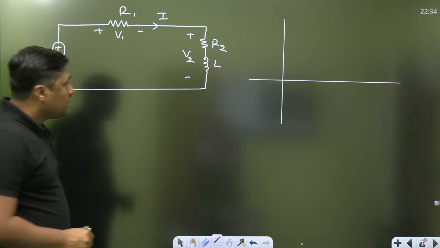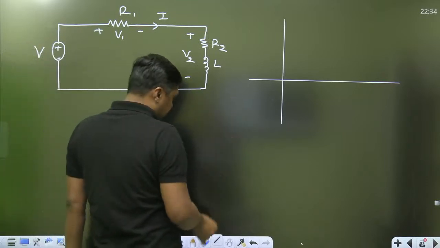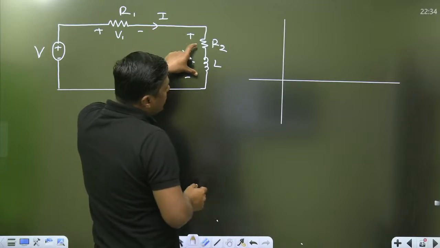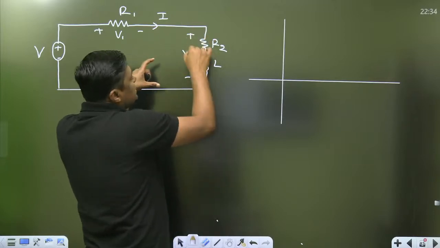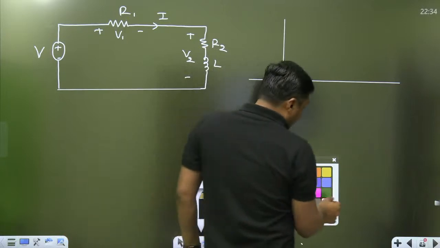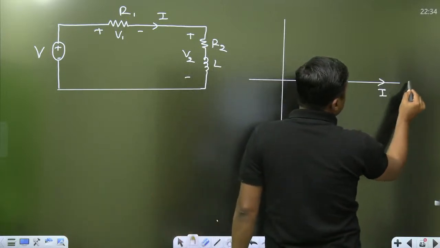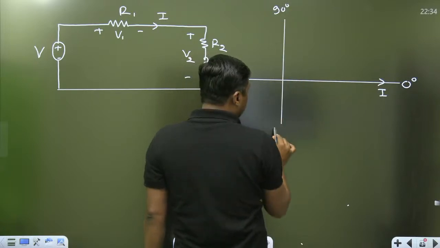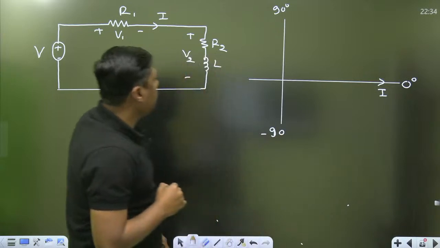Okay, no problem. Right, first of all watch this diagram. For this diagram, the current I, it is in series. Let I am giving the 0 angle to the current. This is the I, this is the 0 degree, this is the 90 degree, and this is minus 90 degree.